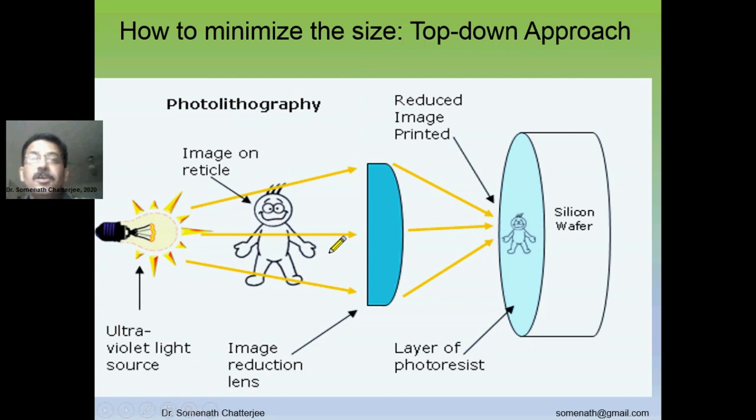This is the image, but on the silicon wafer, using the convex lens, we can easily replicate or miniaturize the image, and you can see as many replicas as we wish. So that is the top-down, means from the image we can easily make it small.